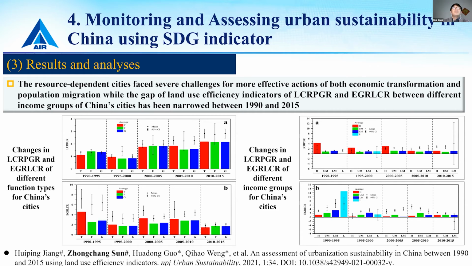It shows that the resource-dependent cities faced several challenges for more effective actions of both economic transformation and population migration, while the gap of land use efficiency indicators of LCR, PGR, and EGR, LCR between different income groups of China's cities has narrowed between 1990 and 2015. As you see, the right chart, there's so little difference, but on the left, it shows big difference.